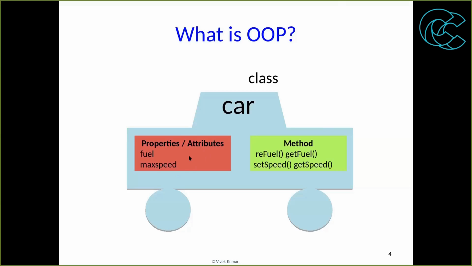In this example, we have two attributes, which are fuel and max speed. These attributes change over time. If you consider the life cycle of the object, the life of an object starts when you create it, and it runs until you exit the program, right? Like we discussed earlier, in C you can explicitly kill the object, but in Java you cannot do it by yourself.